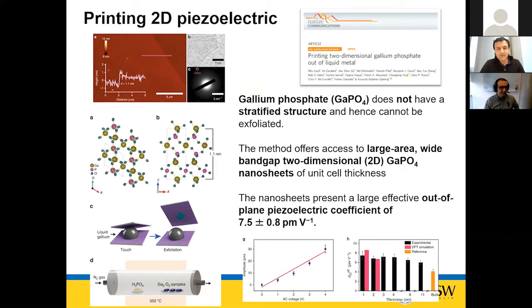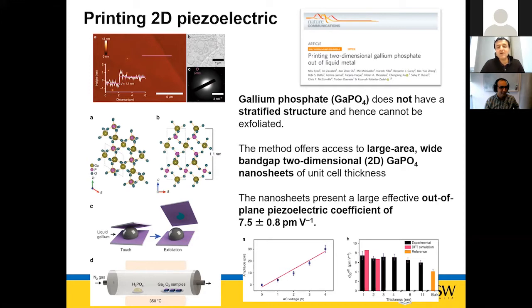So here we put gallium oxide on the surface, and we use hydrogen phosphate. We evaporated hydrogen phosphate at 350 degrees. It transformed gallium oxide to gallium phosphate. It is a piezoelectric, wide band gap piezoelectric material. The piezoelectric coupling coefficient out of plane is very high, 7.5 picometer per volt.